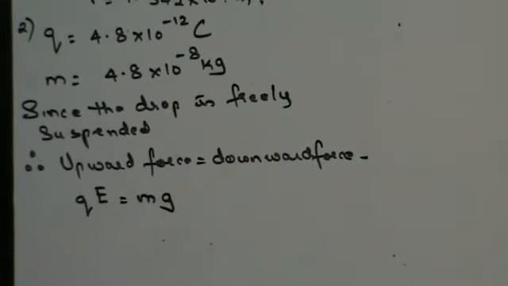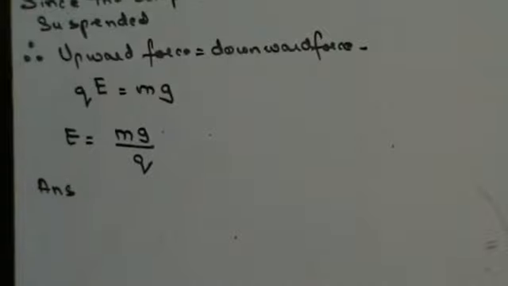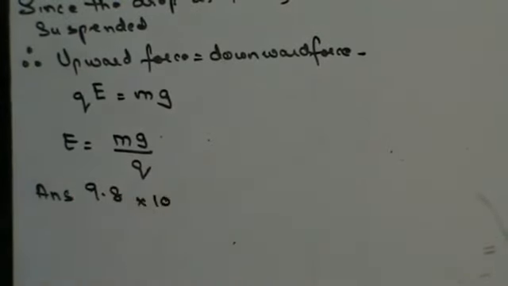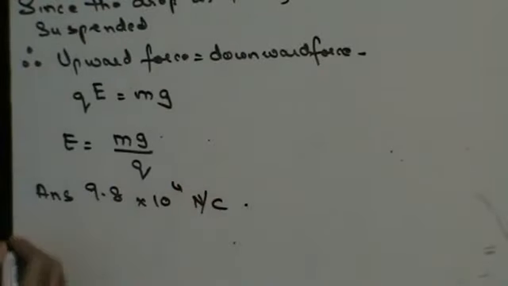Downward force is going to be provided by mg. In that case, strength of the electric field is mg upon q. The answer for this sum should be equal to 9.8 into 10 raised to 4 newtons per coulomb. Next, take on next one please.